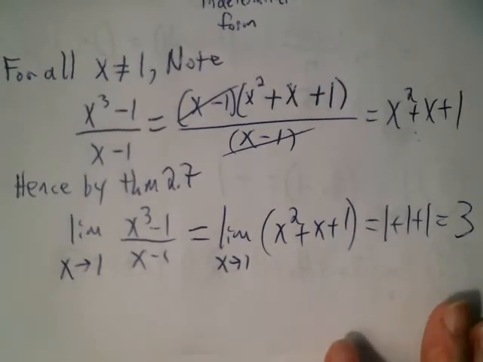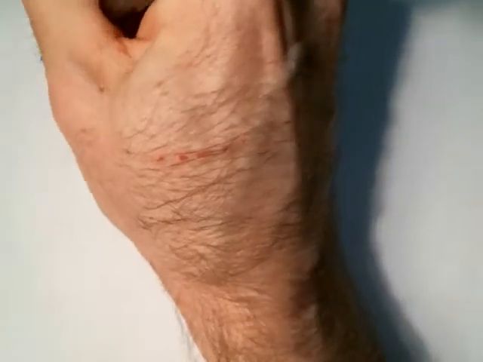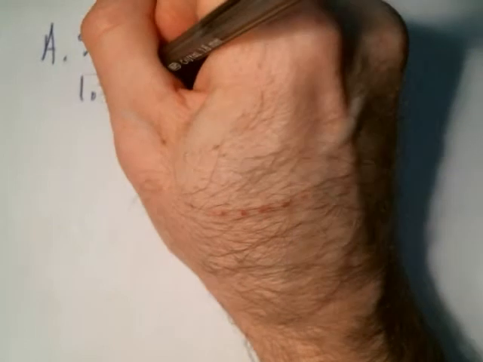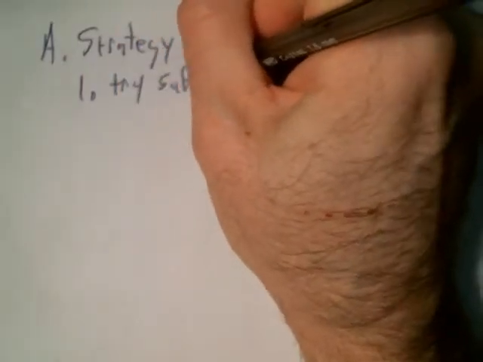Okay, so the deal is, in general, you want to start with a substitution. So we have a strategy coming out of it, so to speak. First, always try substitution.